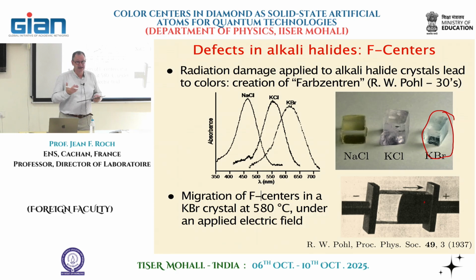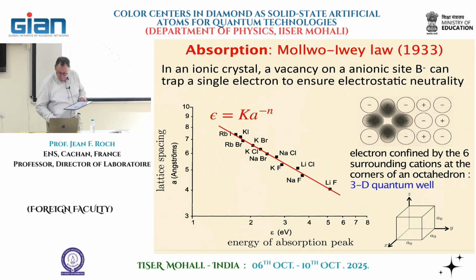So the color is due to electrons trapped in the crystals, and those electrons can, of course, migrate due to the potential difference applied on the crystal. So we now have to understand how the system can trap electrons.